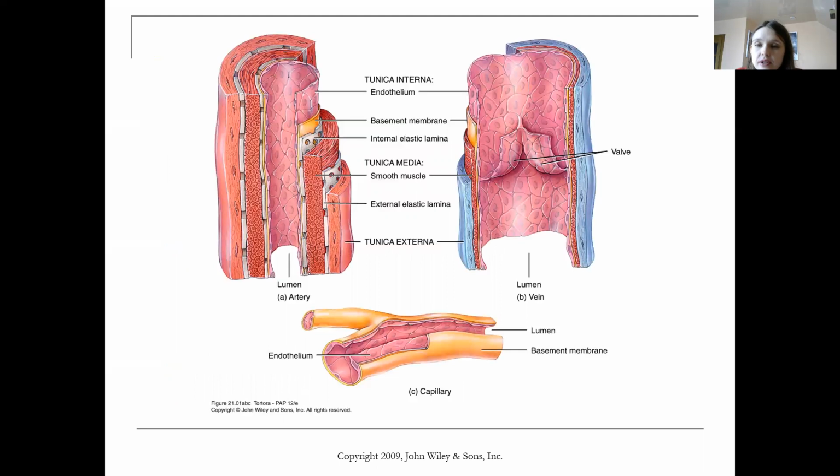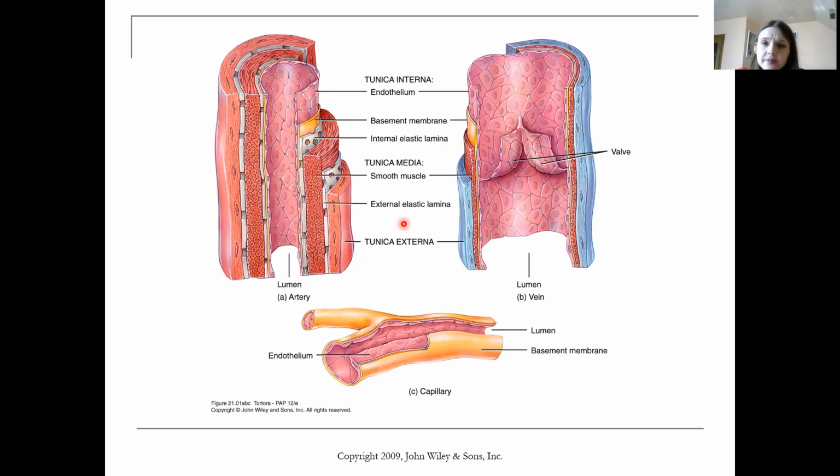In this slide, you can see the structure of the vessels. You can identify the tunica interna, which mainly consists of endothelium cells, the tunica media, represented by the layer of smooth muscles, and the tunica externa, which covers the vessel and is represented by collagen fibers or elastic fibers.